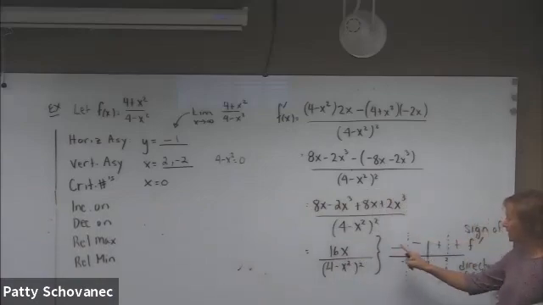So the derivative will be negative, negative, positive, positive. Is that the way you got it? The graph goes down, keeps going down, up, keeps going up.